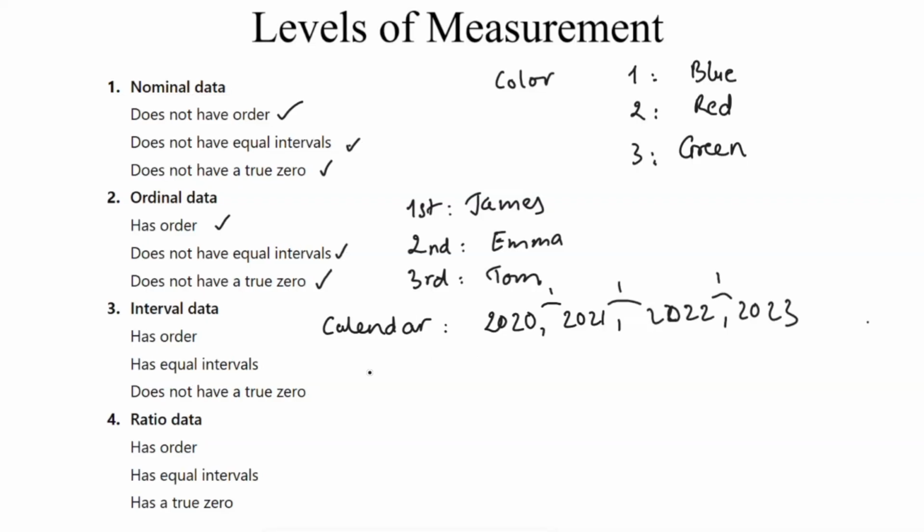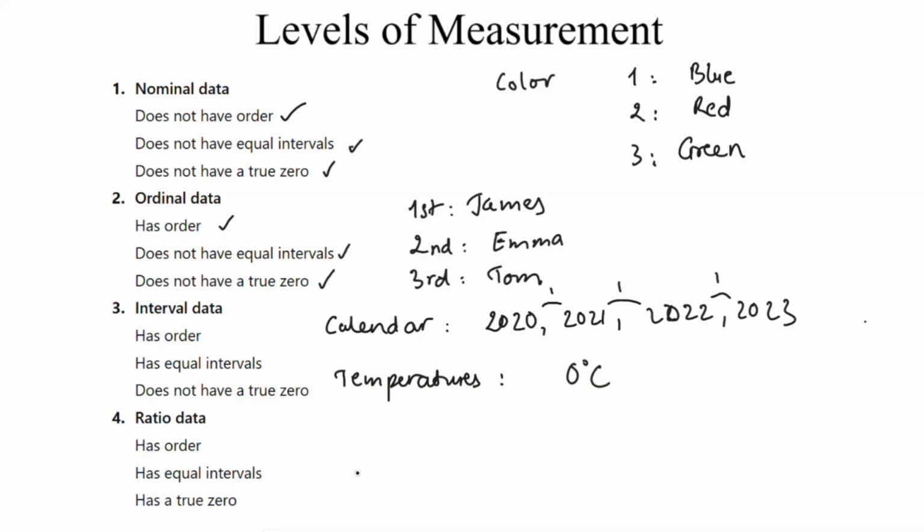For example, temperature. 0 degrees Celsius is data, but it doesn't mean that we don't have temperature. 0 Celsius is a temperature. See? So this doesn't have a true zero.